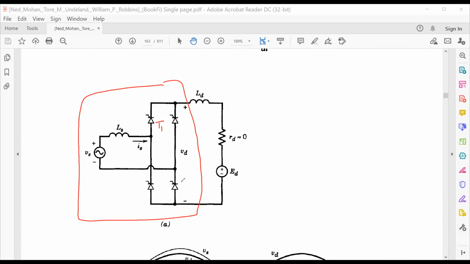This is your T1, this is your T2, this is your T3, this is your T4. What is this? Source inductance. What is VS? Source voltage.